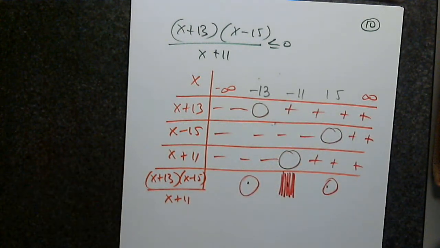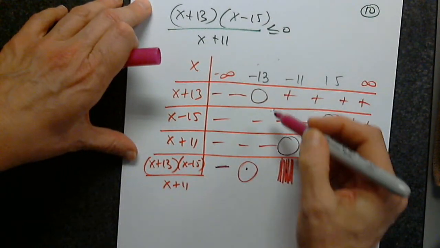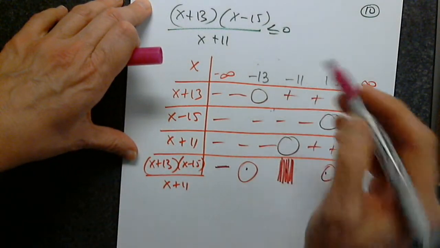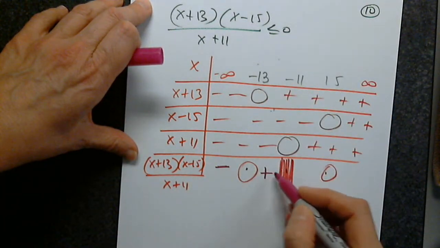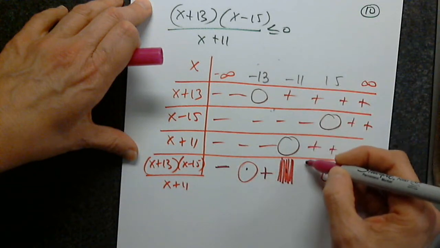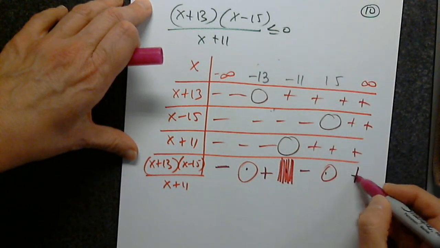We learned end behavior for polynomial functions of odd degree with a positive leading coefficient. On the first subinterval, we multiply or divide 3 negatives. What is the sign of the outcome? Excellent. In the second interval, I have 2 negatives. In the next interval, I have 1 negative. And in the last one, I have no negatives.